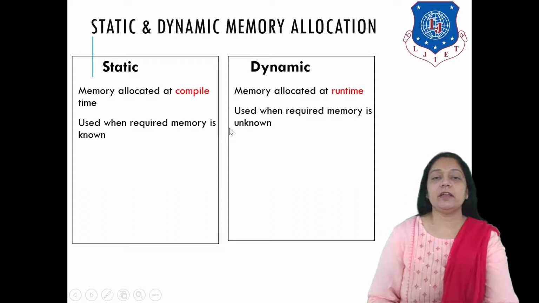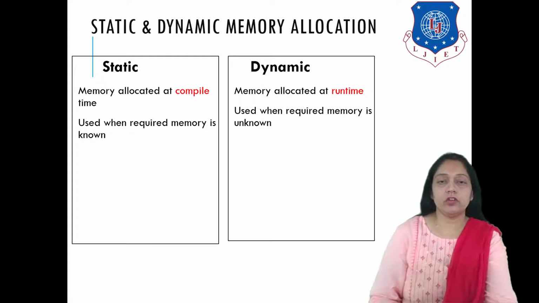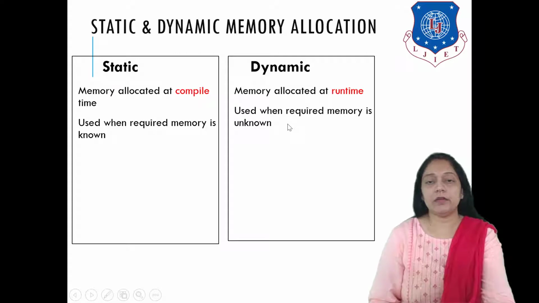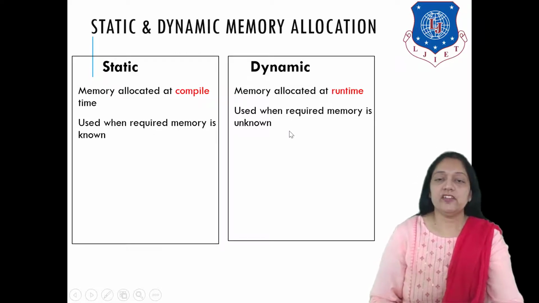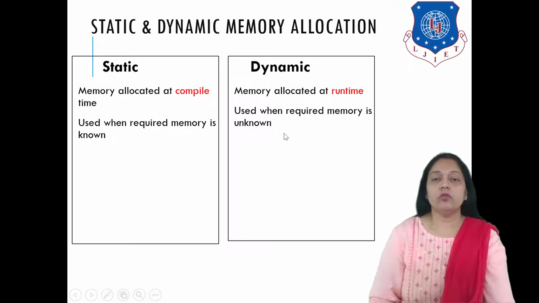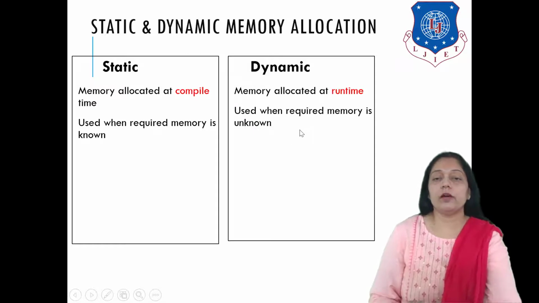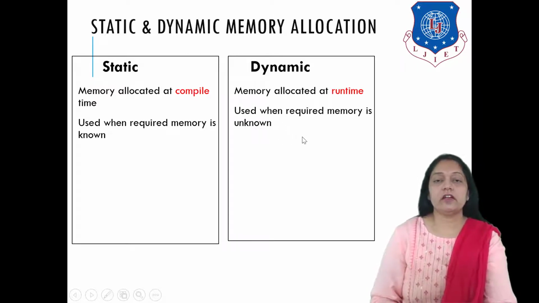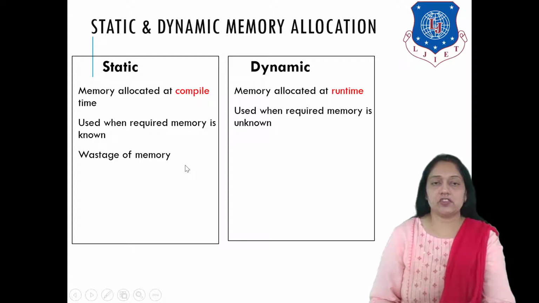While dynamic memory allocation is used when you do not know the required amount of memory for a particular program. When you are not sure how much memory you will require, at that time you go for dynamic memory allocation. In general, we normally do not know the memory required for a particular program or storage, so it's required to go for dynamic memory allocation.